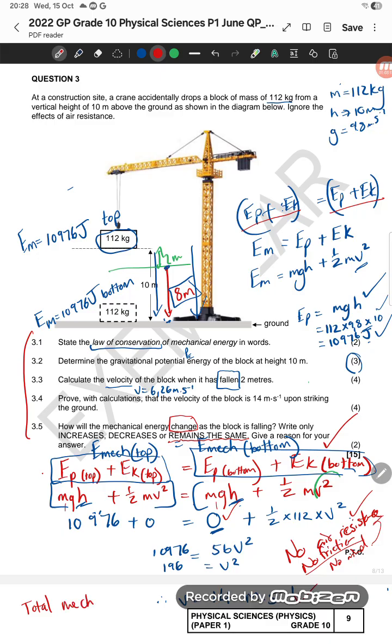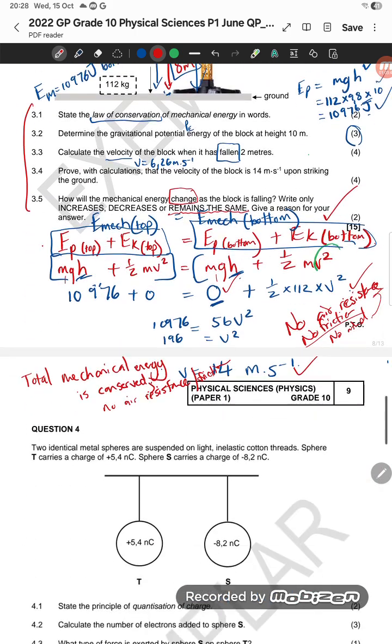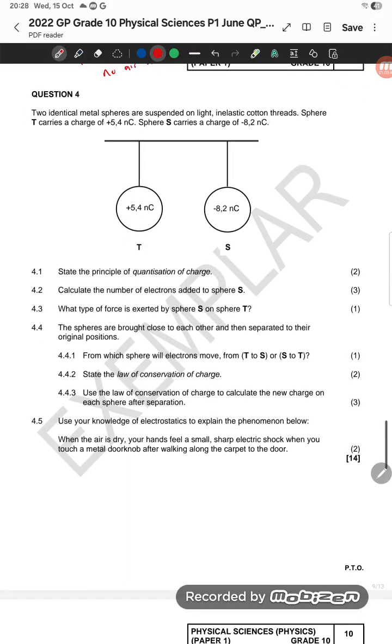So you didn't lose some mechanical energy to the wind blowing it around or some kind of friction because it hit something on the way. Total mechanical energy is conserved. There was no air resistance or friction.